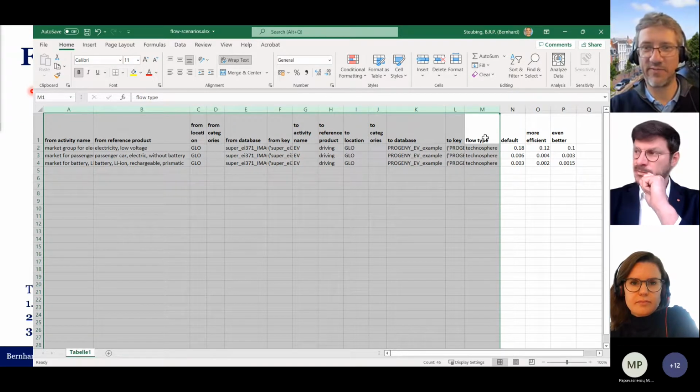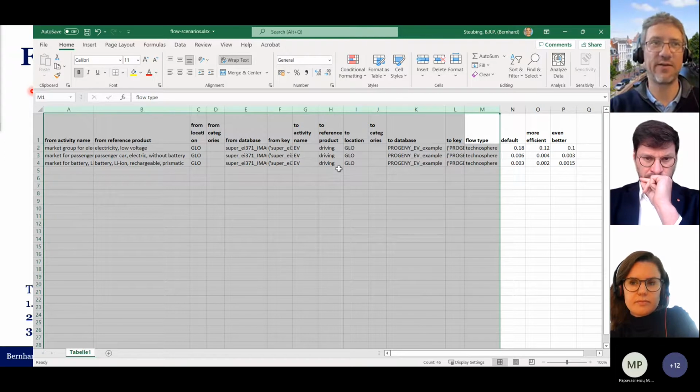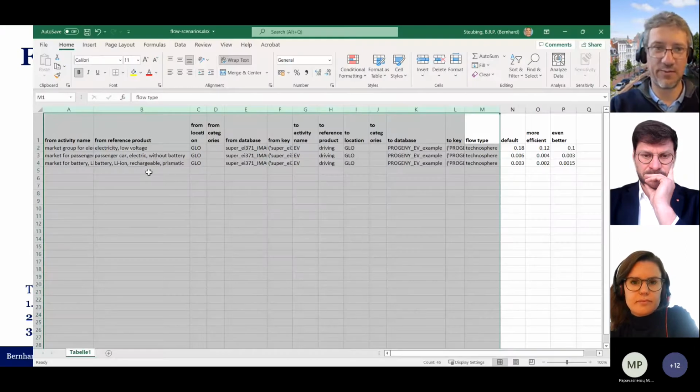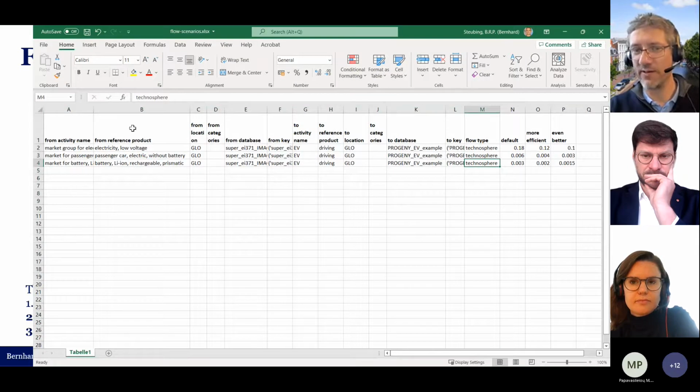All of this information is simply for identifying the exchange in the LCI database. So this is the from and the to part, or if we go back to our slide here, this would be the from and this would be the to, and this is the from and this to, etc. So it's about identifying these three exchanges here. This is what we do in these columns, and the AB can help with that.